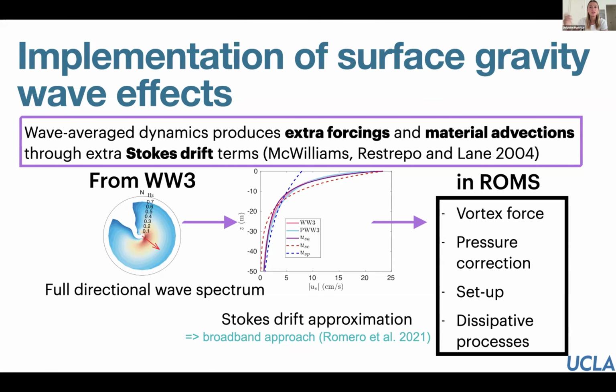For the wave part, it means though that you have to run a twin simulation with a wave model. Here we've used WaveWatch 3, and we've used a new approximation to describe the Stokes drift that Lionel has described in a paper from 2021. The only thing that I'm going to say about that is that we've tried to do a better job than the monochromatic approximation, which is the one that has been used the most widely before that.